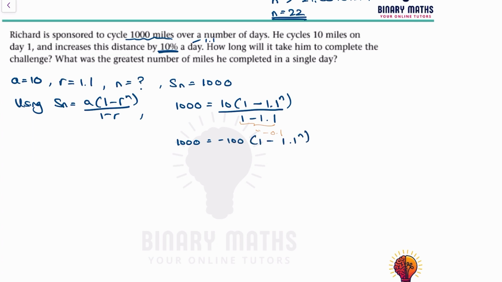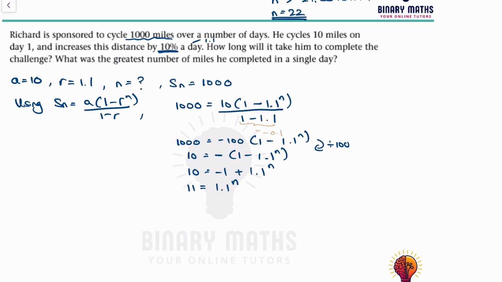So I've just simplified that part. So if I divide by 100, I end up getting 10 is equal to minus 1 minus 1.1 to the power of n, which means 10 is equal to minus 1 plus 1.1 to the power of n, which if I take the negative 1 to the other side, I get 11 is equal to 1.1 to the power of n.